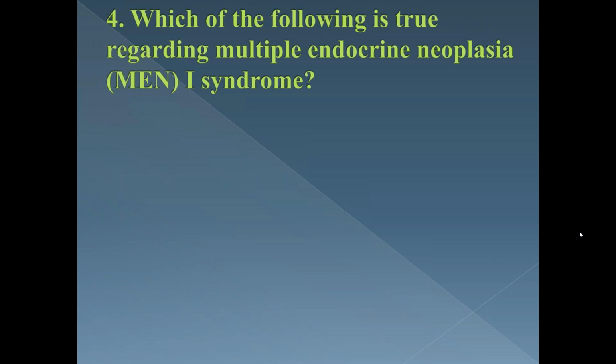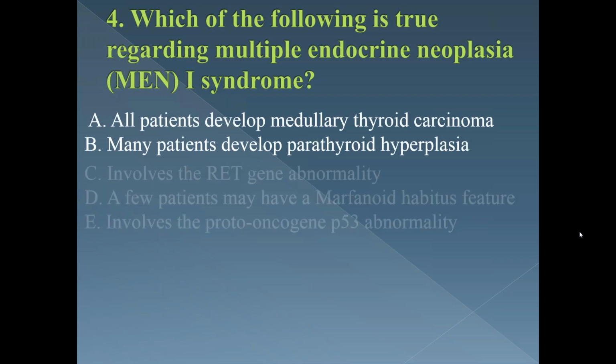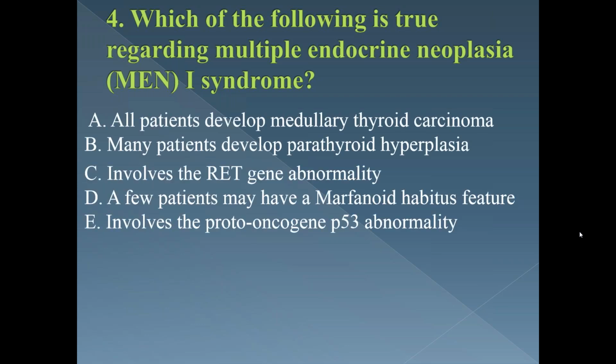Next, question number 4. Which of the following is true regarding multiple endocrine neoplasia 1 syndrome? The choices are: all patients develop medullary thyroid carcinoma; many patients develop parathyroid hyperplasia; involves the RET gene abnormality; a few patients may have a marfanoid habitus; and E involves the proto-oncogene P53 abnormality.